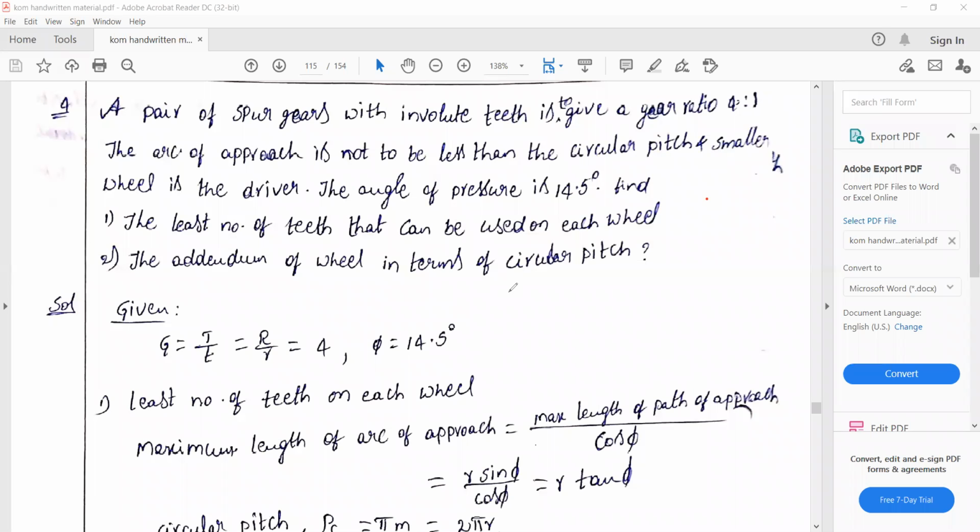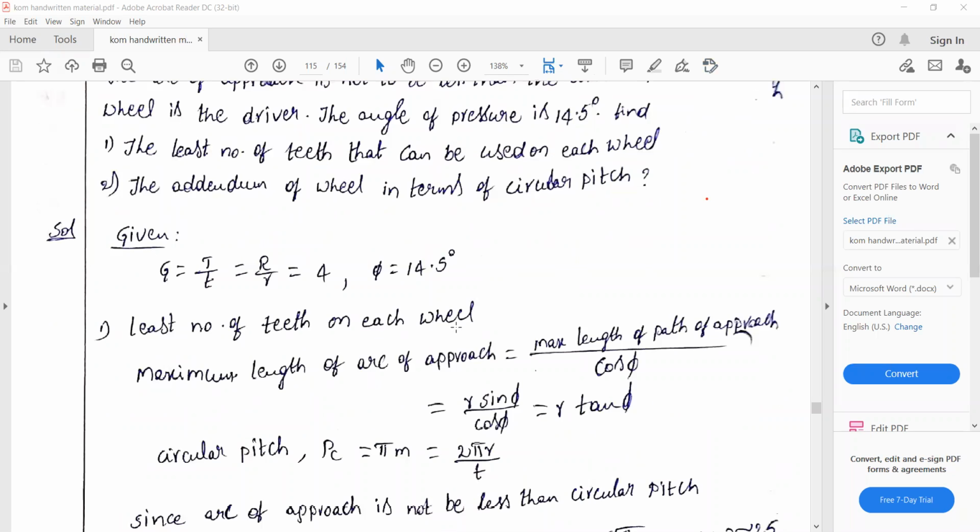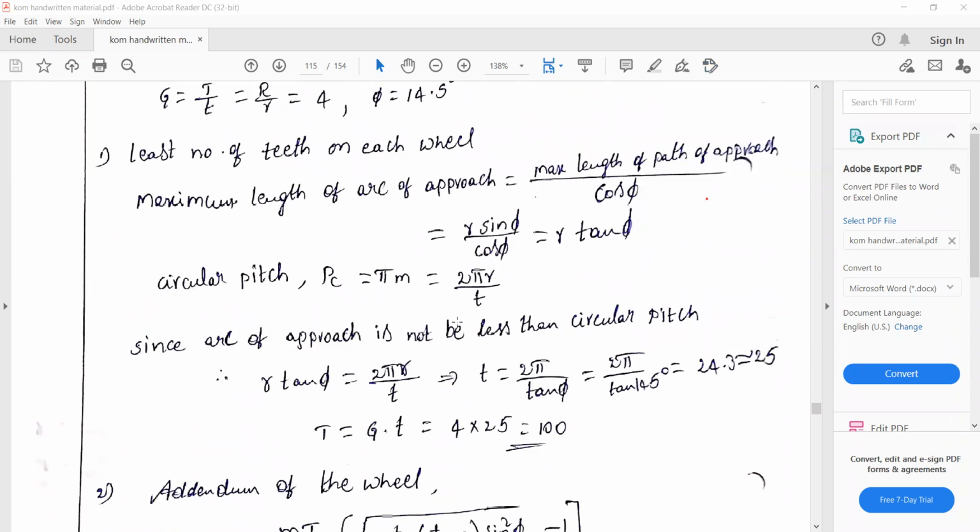Those are very important. And which type of gear does it belong to: involute gears, interference in involute gears, or only from the interference point of view? That is very important. Do you understand the problem?